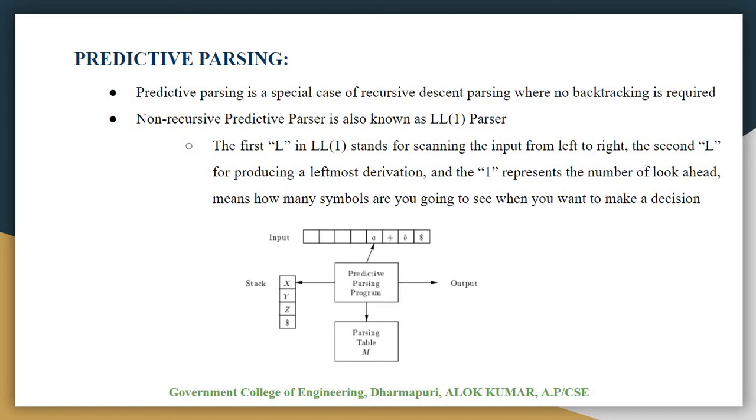For that we should have the parsing table, one input and one stack. Initially, the top of the stack we can assume is X, a non-terminal, and the input string has a terminal a. The output tells us whether the string is accepted by the predictive parser or not.